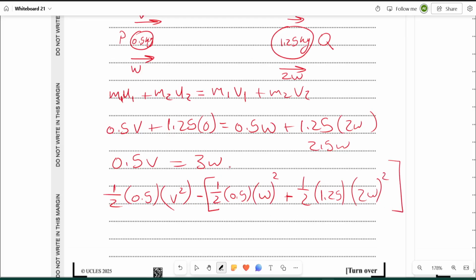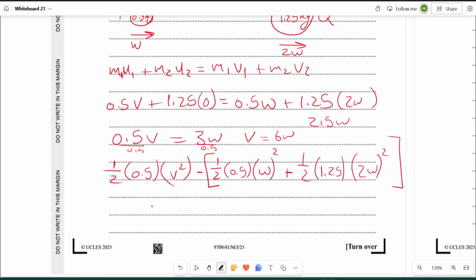Now, let's get an expression for V. From here, I can divide both sides by half to get V equals 6W, and let's substitute it over here. So this is going to be half times 0.5, which is basically 0.25.